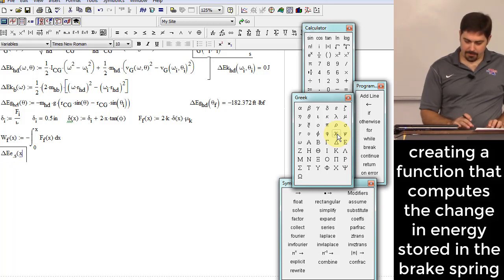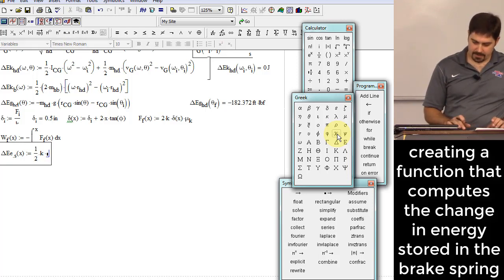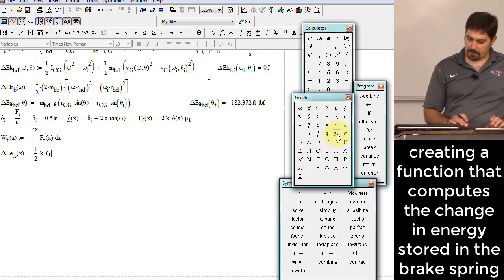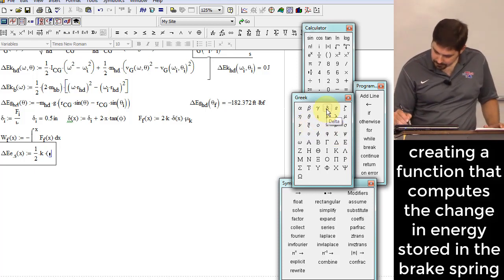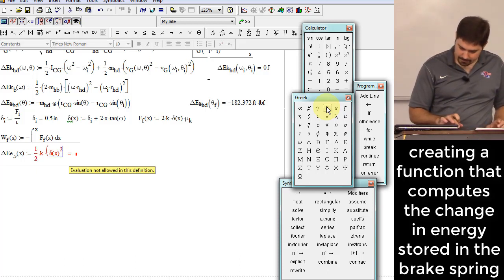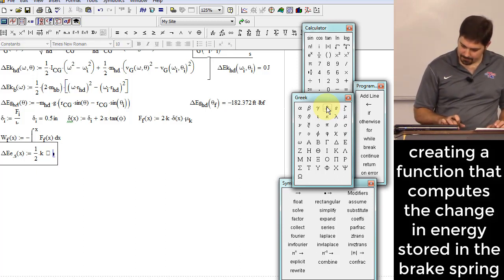All right. It's going to be a function purely of x. The formula for that is 1/2 of k times the difference in the squares of how much it has compressed, right? And so what we do there is we put in delta as a function of x squared. I think I'm going to have to retype that.